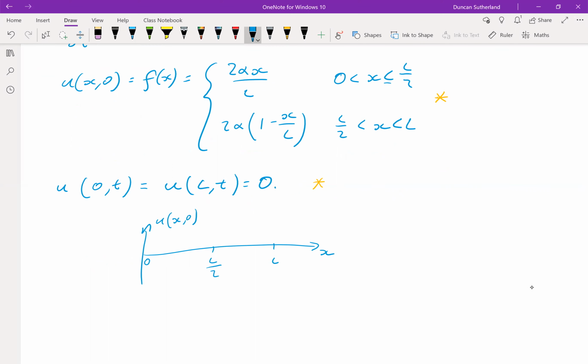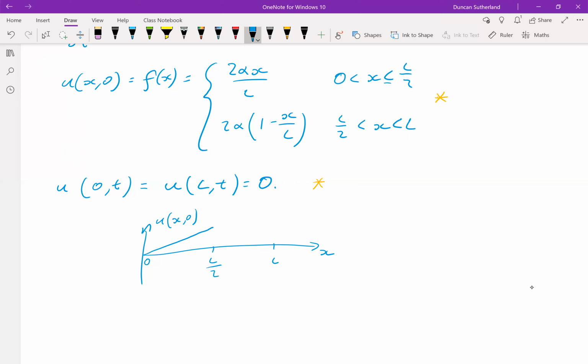Right, so over this region, we've got just a straight line with intercept 0. The gradient is alpha. So that's the line there.